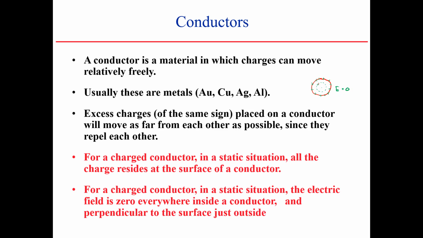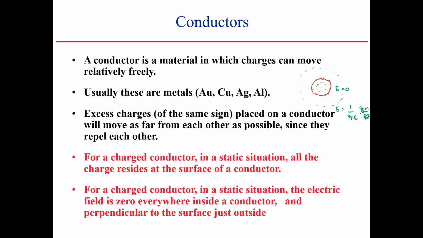Okay? Now, if you want to know the electric field at any point outside the conductor, you just have to make a Gaussian surface outside, enclosing your conductor. So here, your electric field is just equal to 1 over 4 pi epsilon naught, Q enclosed over R squared.